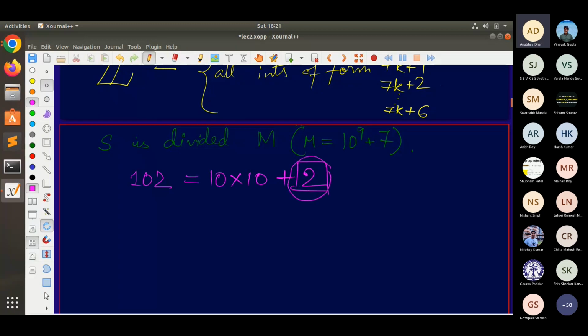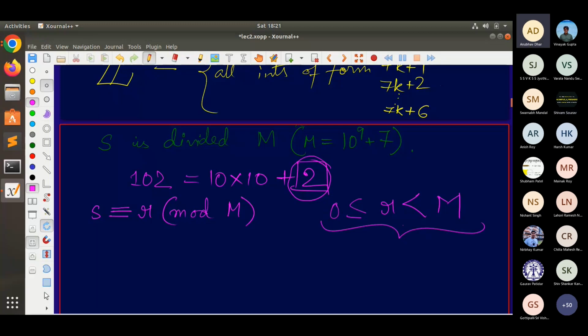So this is a unique number, right? So what they want us to do is report this R such that R is between 0 and M minus 1, which is basically the remainder.